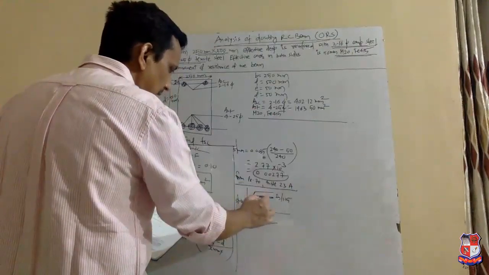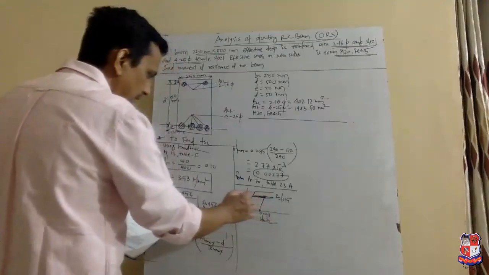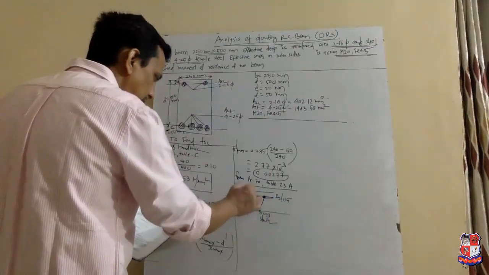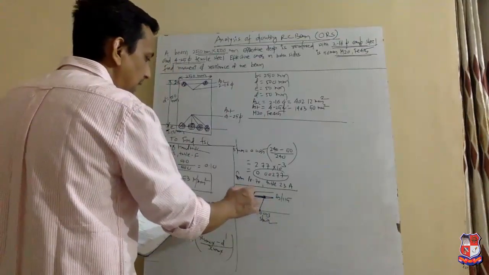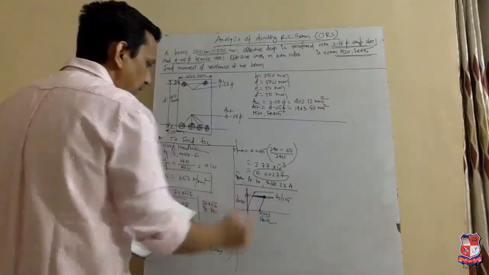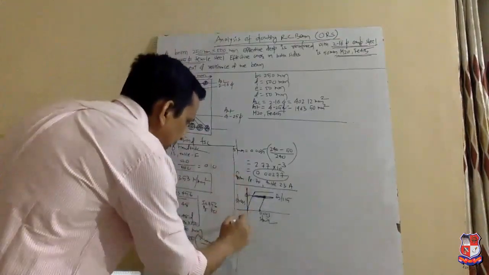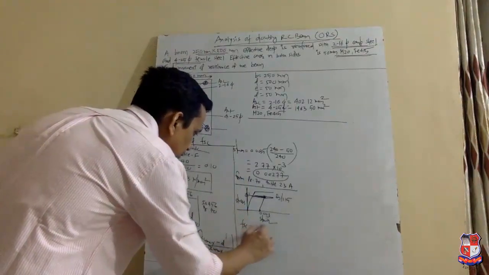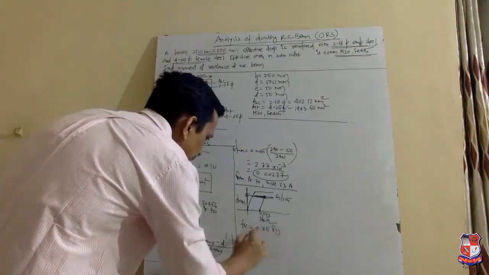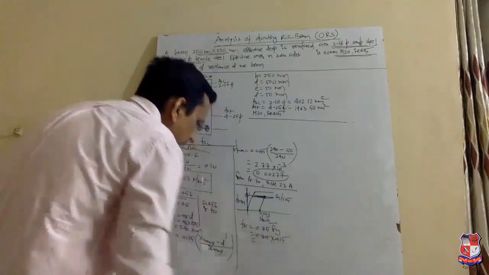And this parallel line, when it intersects, we have to extend that line, and where that extended line intersects the vertical line, this will give the value of fsc. So again, we get the fsc value 0.85 fy, equal to 0.85 into 415.